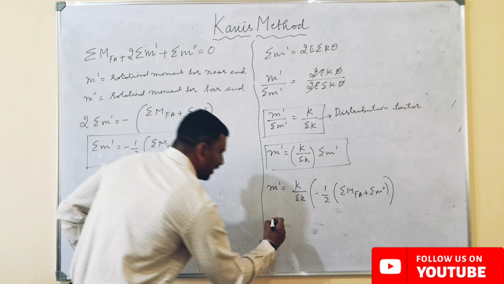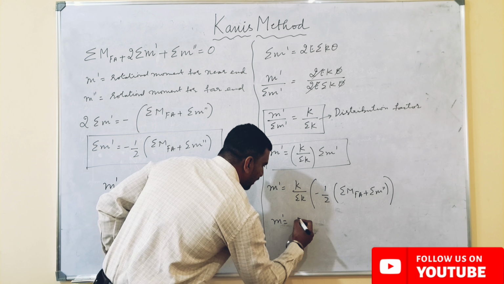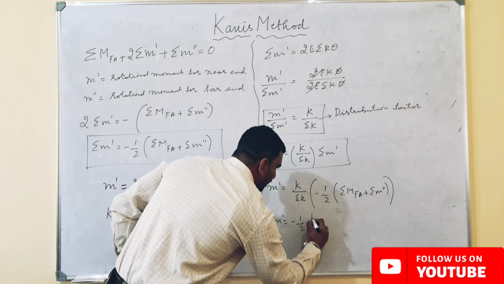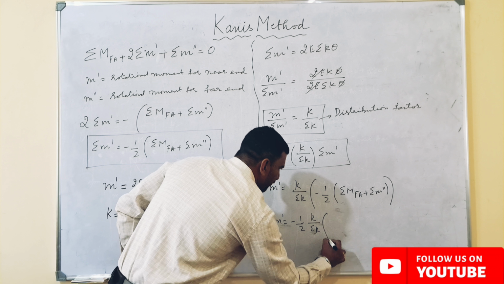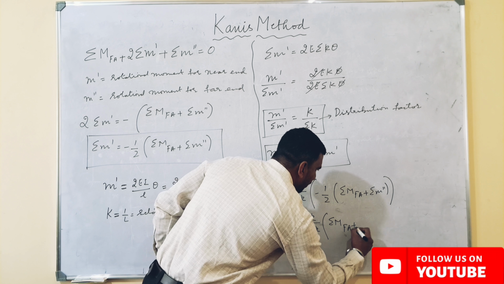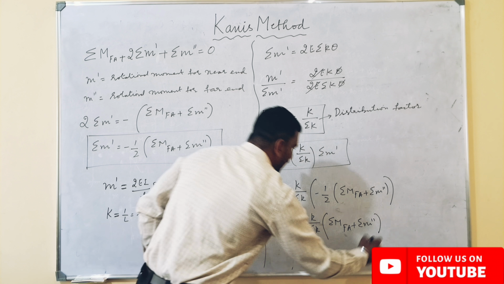So again rewriting this equation, M dash can be written as minus 1 by 2 if you take outside, that is K by sigma K into sigma MFA plus sigma M double dash.